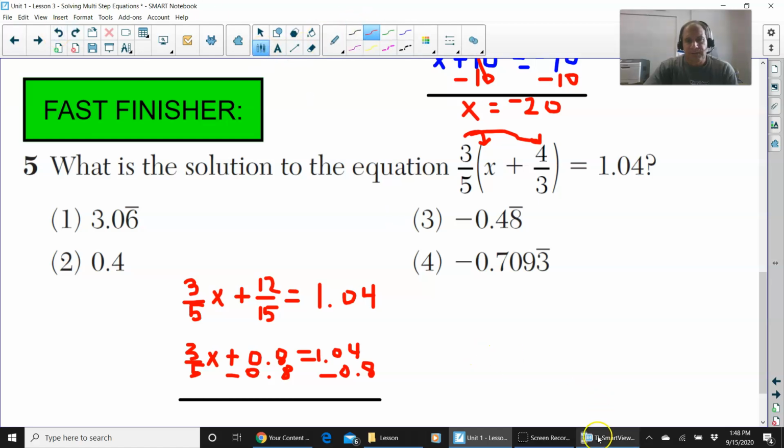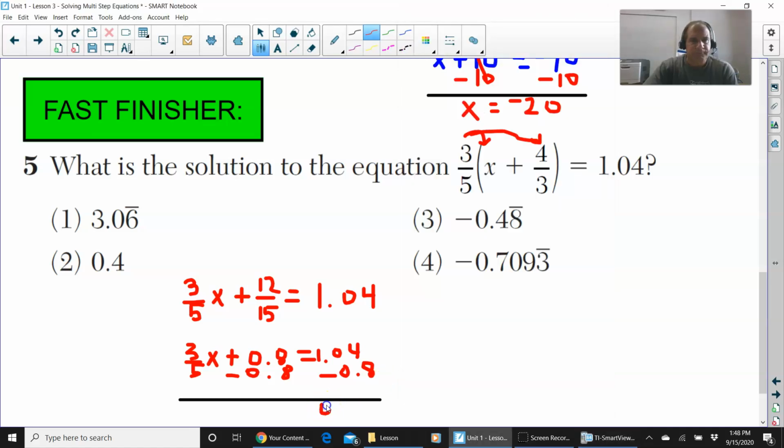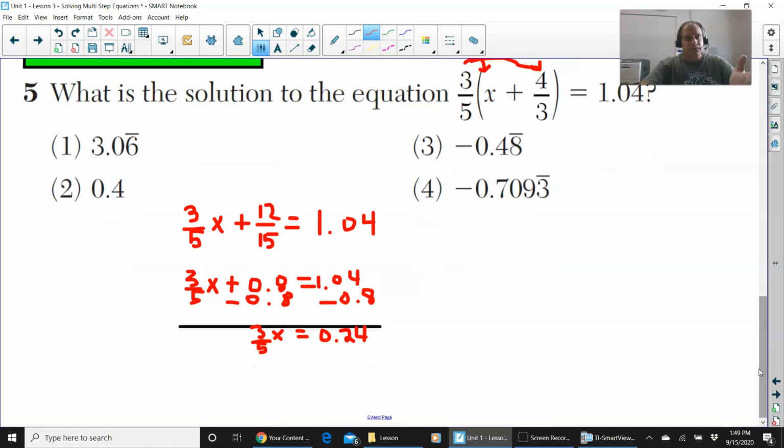0.24. Let me just make sure. 0.24. Equal sign comes down, and so does the 3/5 x. Now, do you remember how I told you to solve this?